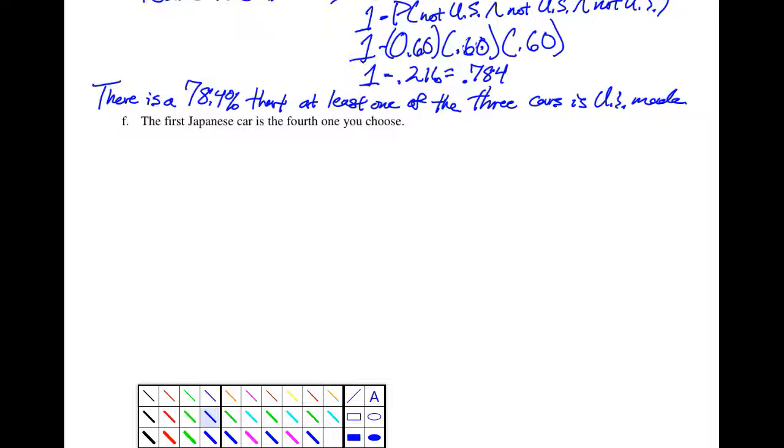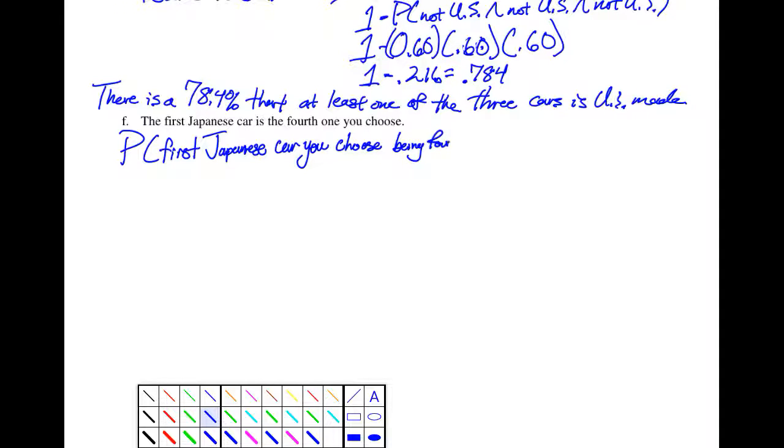So in this situation, you're going to use the multiplication rule. So to write that out, you would say the probability of the first Japanese car you choose being the fourth car.